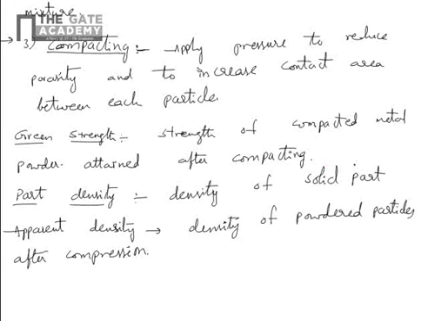The ratio of part density to apparent density is called compression ratio or compressibility.